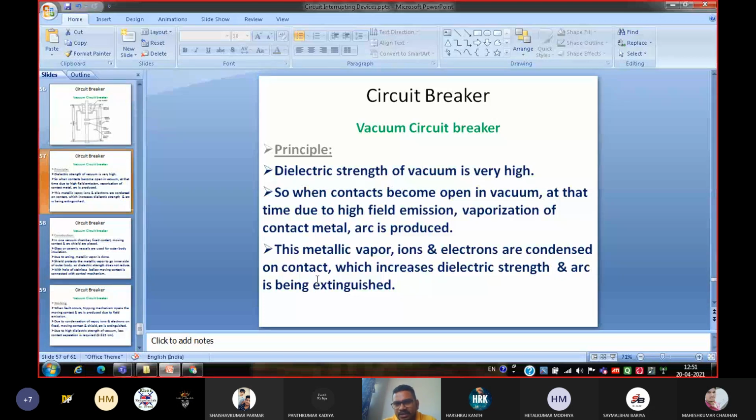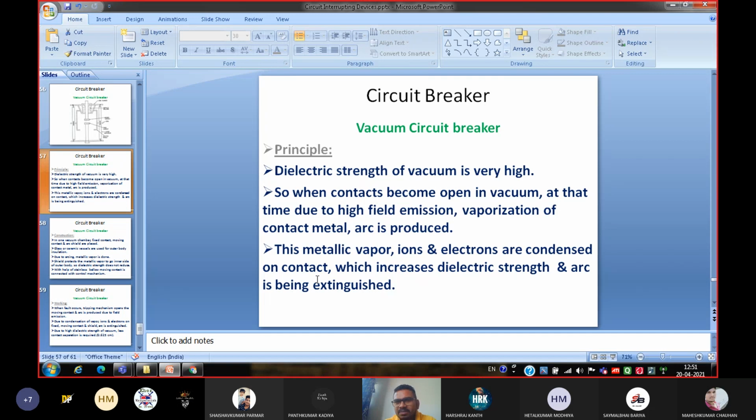We assume that we have created a vacuum, and in this vacuum we have a fixed contact and a moving contact, and now we assume that the contacts become separated.